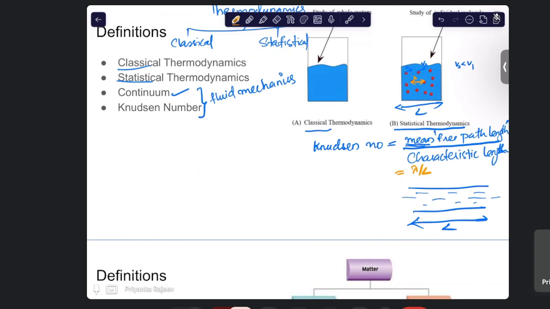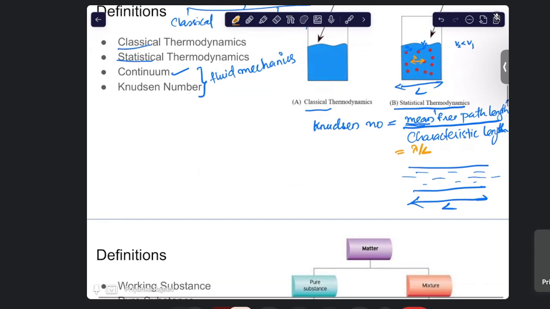So that is a negligible number in our macroscopic world. That is why it is safe to approximate it out and say we don't need to think about individual molecular movement.